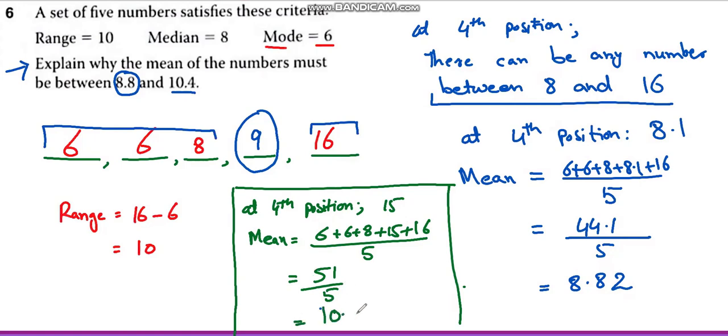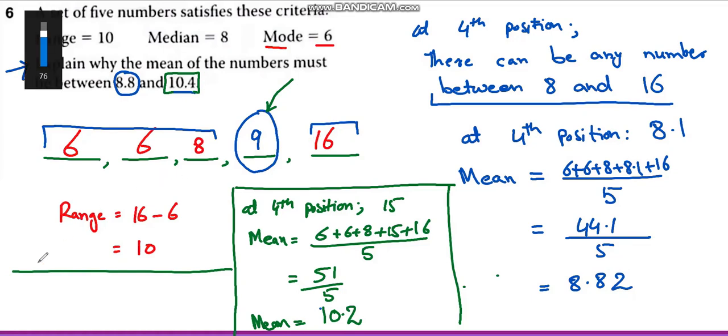And 10.2 is slightly less than 10.4, which is the limit of the mean. So to conclude why the mean of the numbers must be between 8.8 and 10.4: I can only vary this number between 8 and 16, so eventually this can only vary the mean between 8.8 and 10.4.